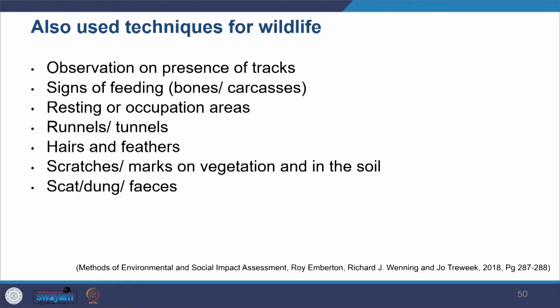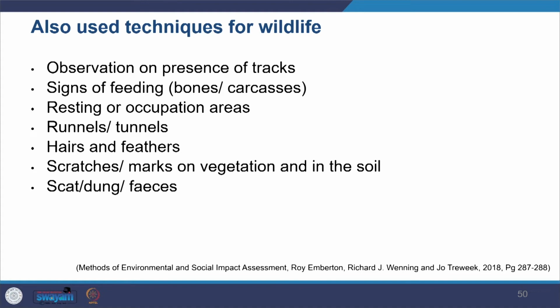You also find some more techniques which are used for wildlife purposes, such as observation of the presence of tracks. So you can find the wildlife tracks and make notes of what kind of ranges you're seeing. You can see signs of feeding, so you can see bones and carcasses if you can find them on site.